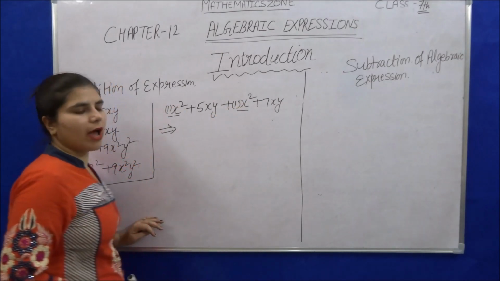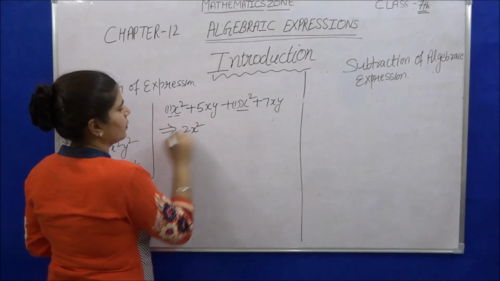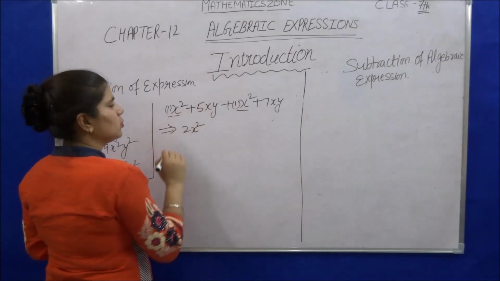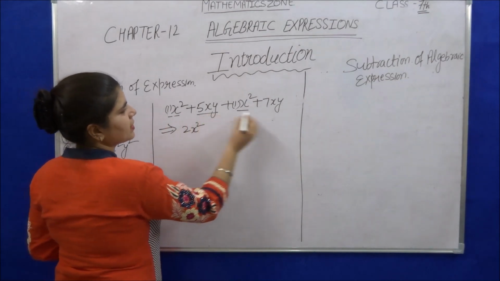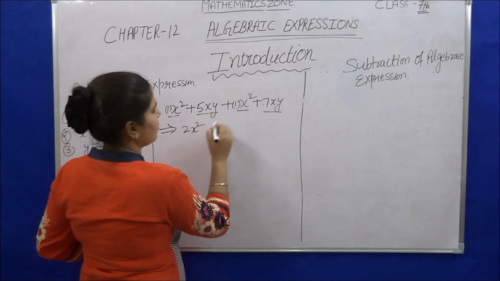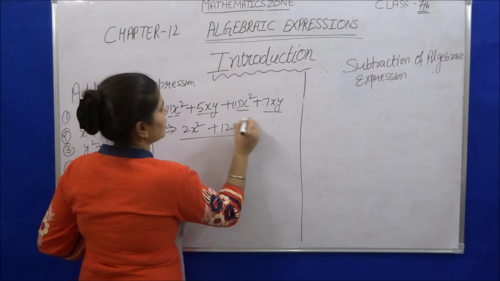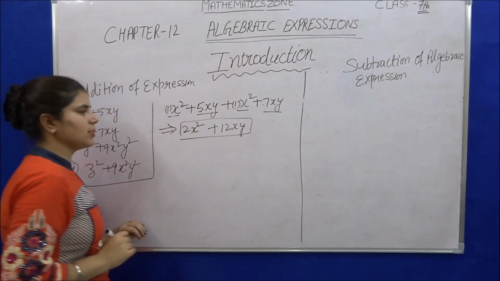Here the coefficient of x square is again 1. Then 1 plus 1 is 2x square. Similarly, 5xy and 7xy are also like terms. So 5 plus 7 will be 12xy. So this is the addition of the expressions.